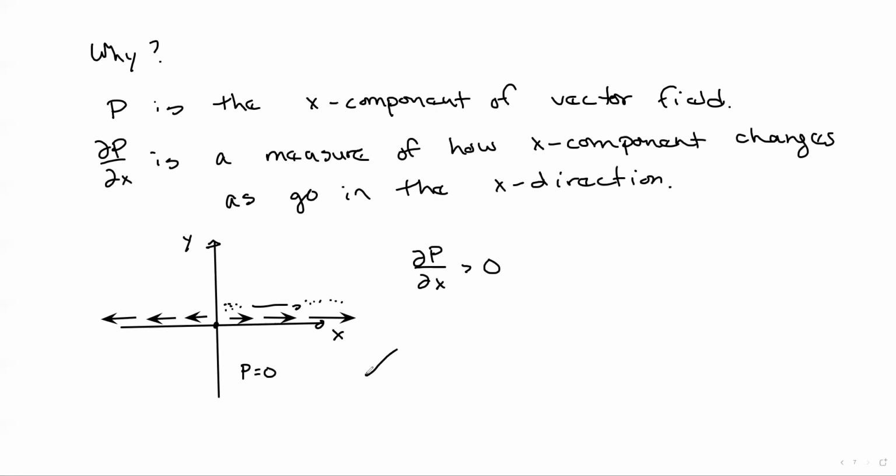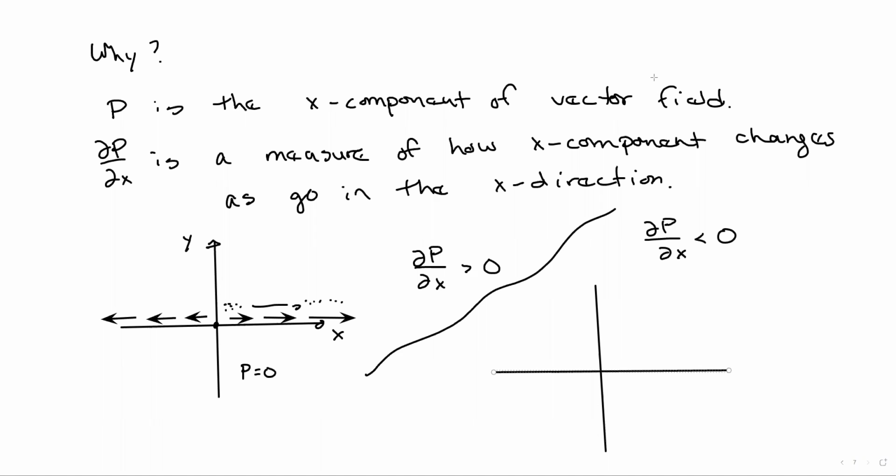And you can also look at this the opposite way. I did go through and jot this down. So if we had a negative value, what does that end up doing for our picture? Again, we start off with P being 0 here at the origin, and then what happens with a negative value is that you should have a larger and larger negative P component to your vector field as you move in the x direction.